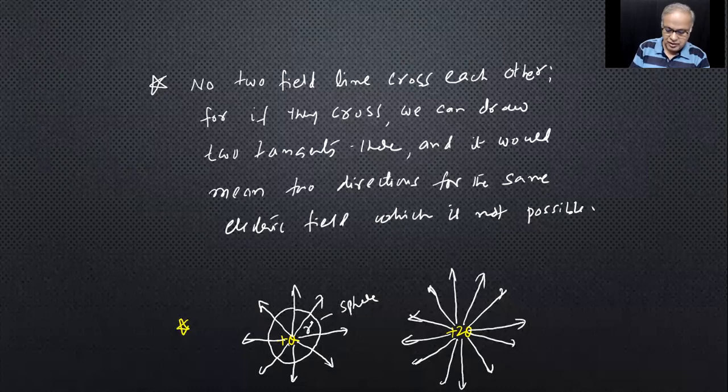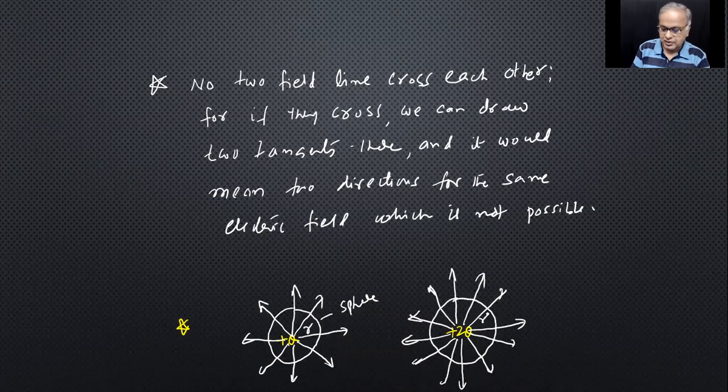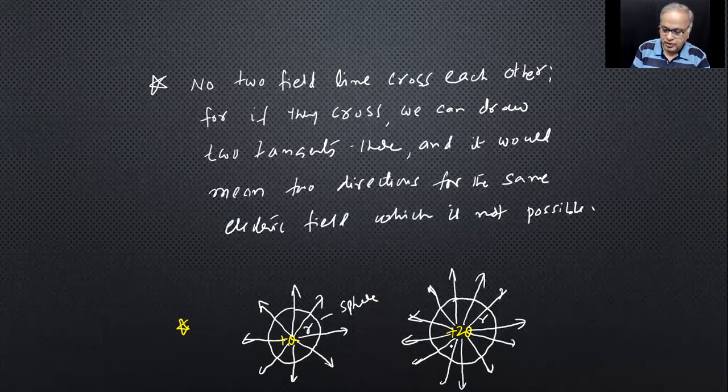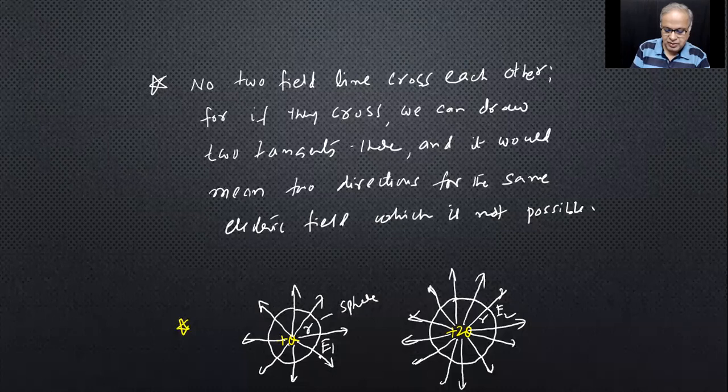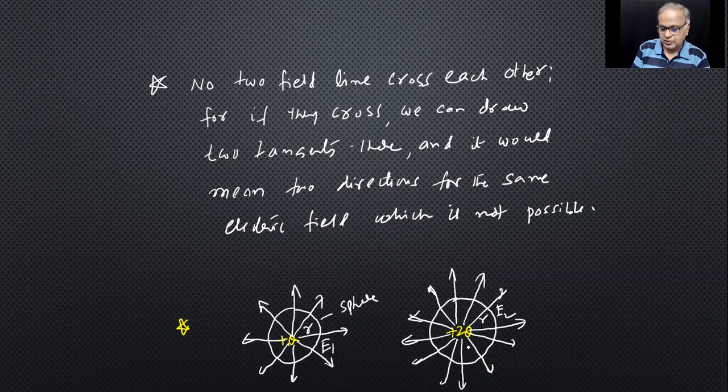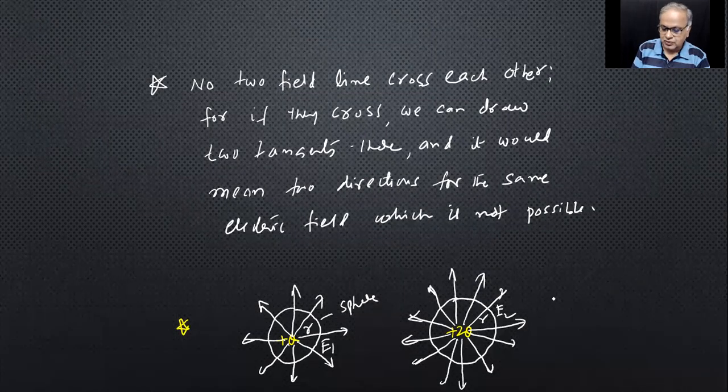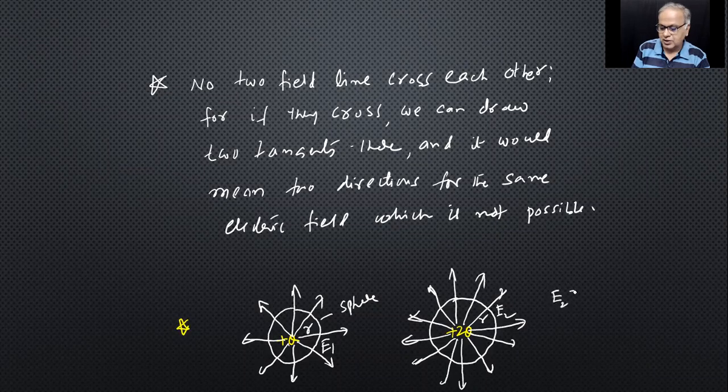At distance r, if I draw one sphere like this, and at the same distance r, I draw a sphere like this, the field density will be less here, more here. So if this is E1 and this is E2, there will be fewer lines passing through the same cross section here, and more lines passing through the similar cross section there. So the density of field lines is more here. So E2 is greater than E1.